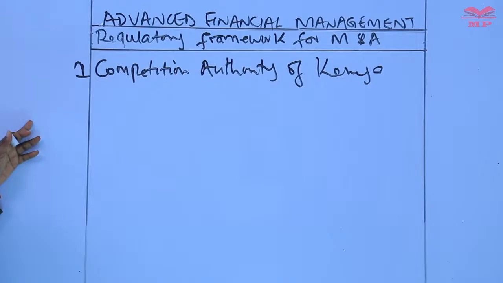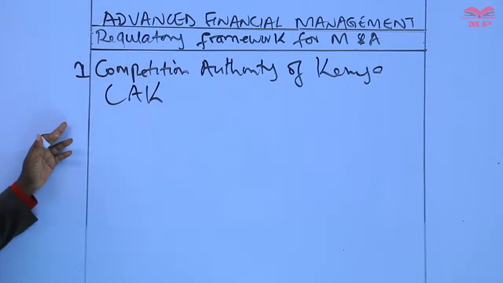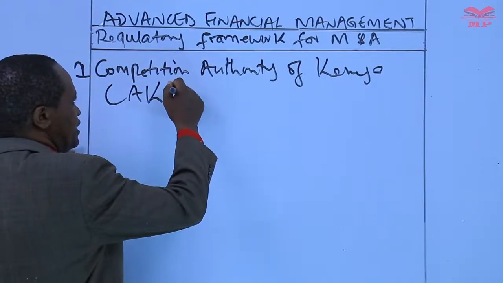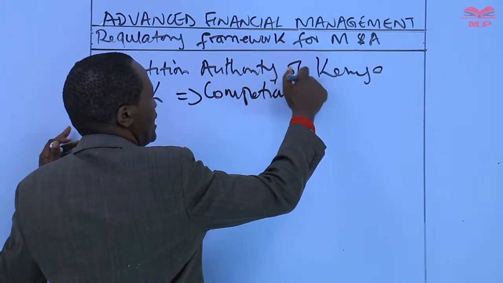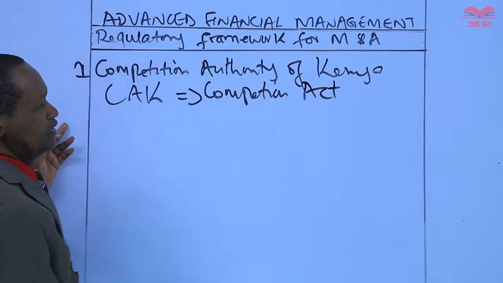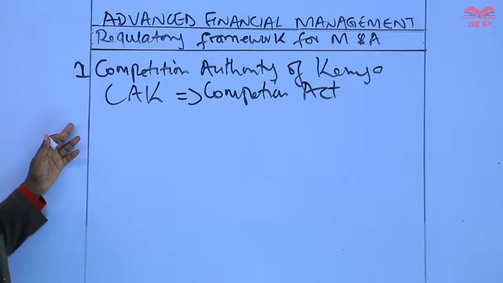And the mandate of the CAK is derived from the Competition Act. This is an act of parliament that stipulates that there ought to be a Competition Authority of Kenya, which has been put in place since the year 2010.